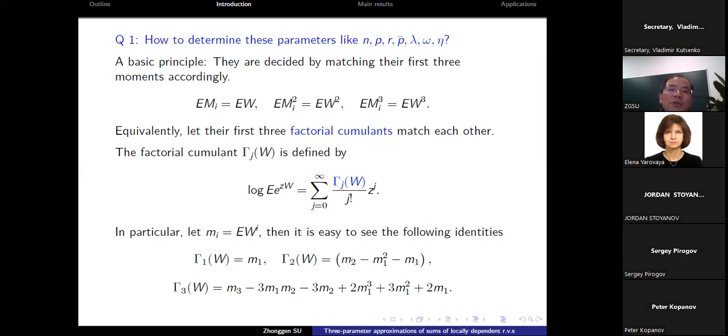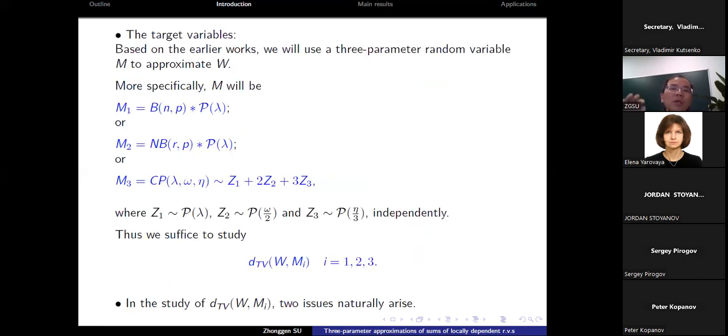Recall here, the j-th factorial cumulant of W is defined by the following equations. In particular, if we let mi be the i-th moment of W, then it is easy to see the following identity between moments and factorial cumulants.